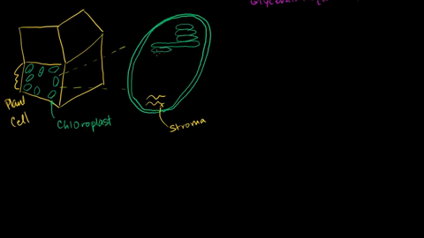Let me draw a couple more. Maybe you have some over here, maybe some over here. So each of these flattish-looking pancakes right here, these are called thylakoids. So this right here is a thylakoid. That's a thylakoid. The thylakoid has a membrane, and this membrane is especially important.